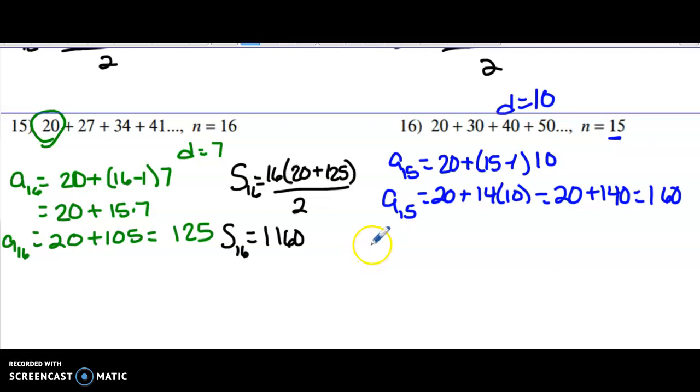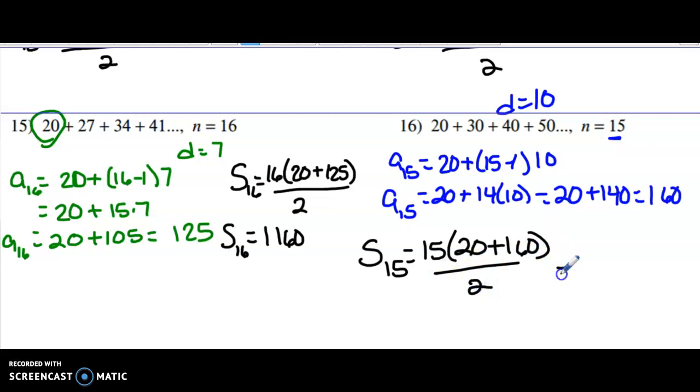Plugging all of this in, S sub 15 is equal to 15 times my a sub 1, 20, plus a sub 15, 160, all divided by 2, and that gives me 1,350.